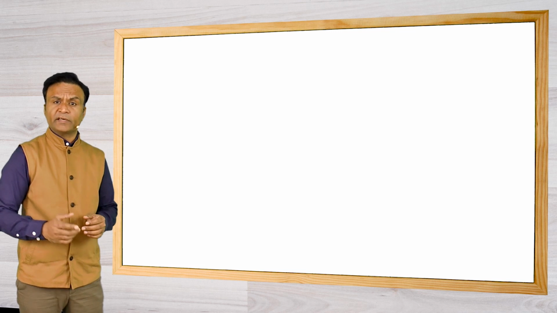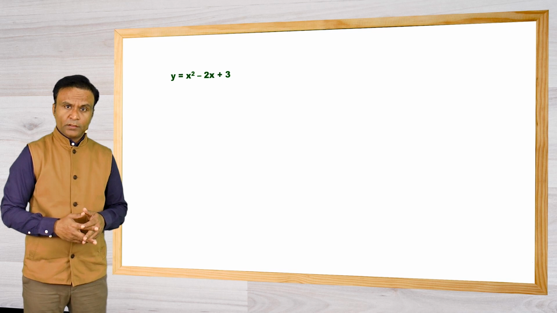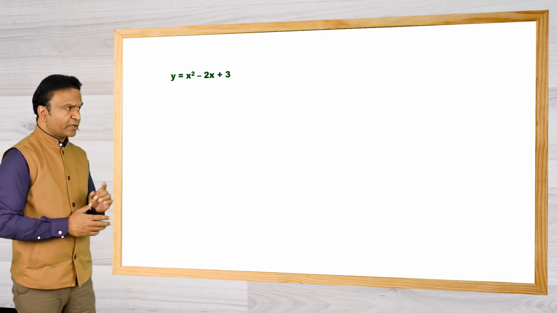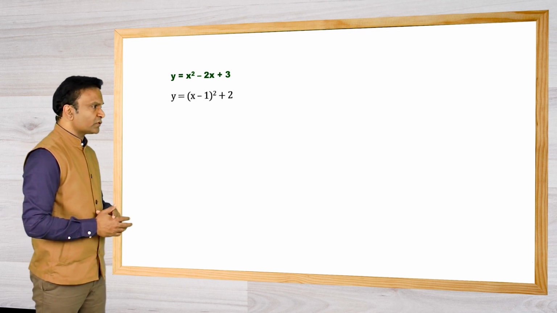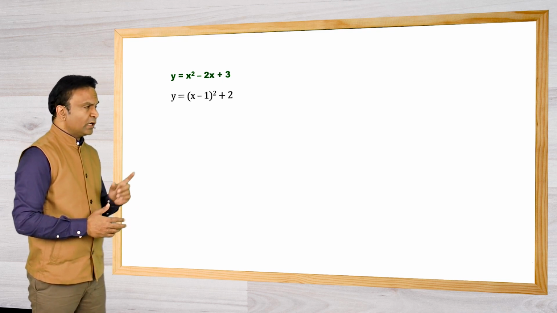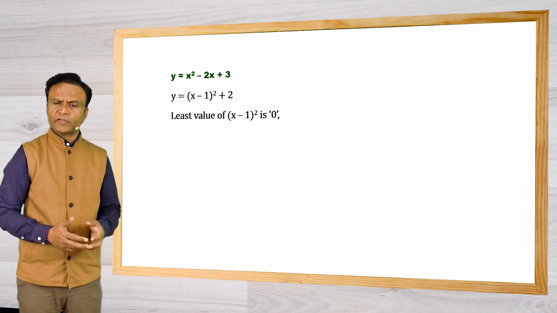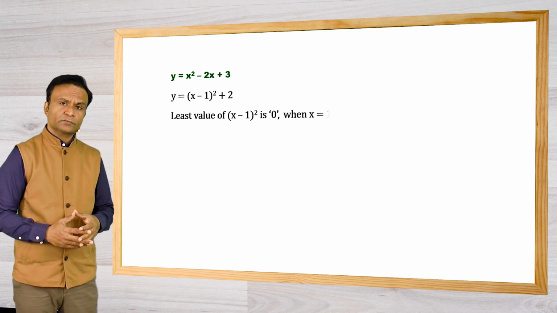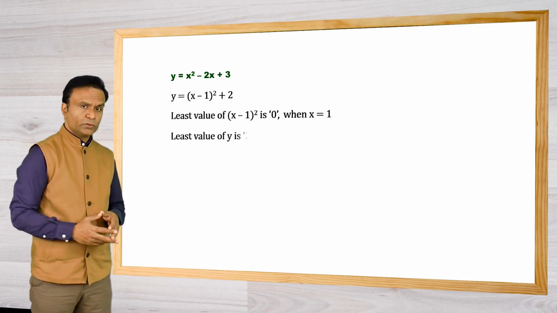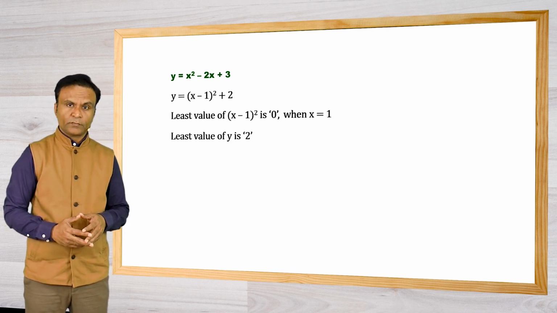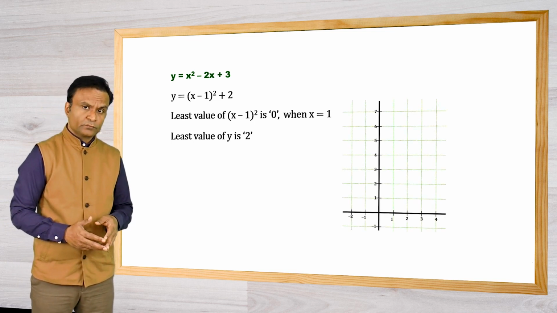Consider the more general quadratic function y = x² − 2x + 3. With a little simplification we can put this function as y = (x − 1)² + 2. Now the least value of (x − 1)² is 0 when the value of x is 1. So in this case the least value of y is 2. So on the graph of the function we have the point (1, 2).